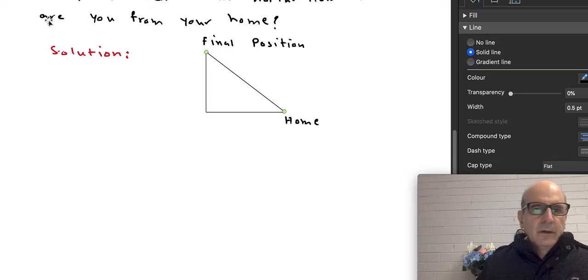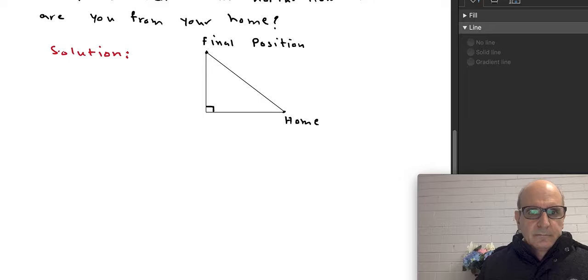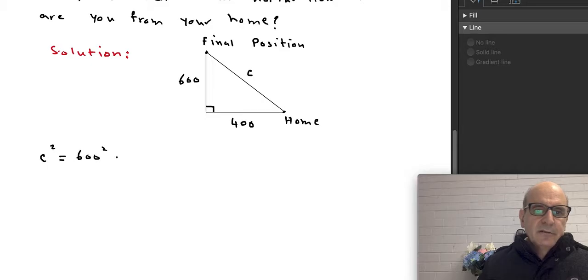Again, as you can see, we have a right angle triangle here because we said west and north are perpendicular. So you got 400 west and 600 north. And we want to find this. This is the hypotenuse, C. So again, C squared is equal to 600 squared plus 400 squared.